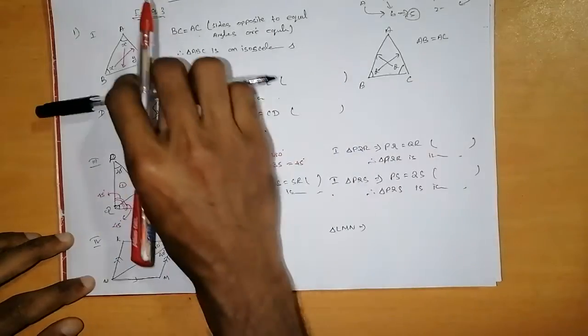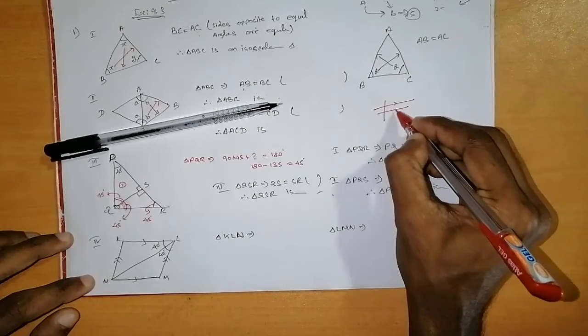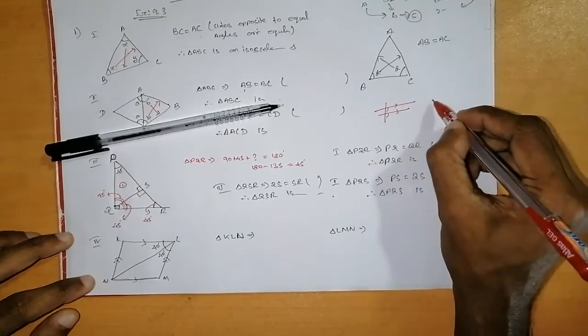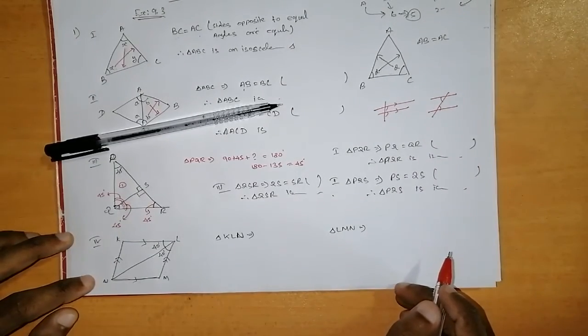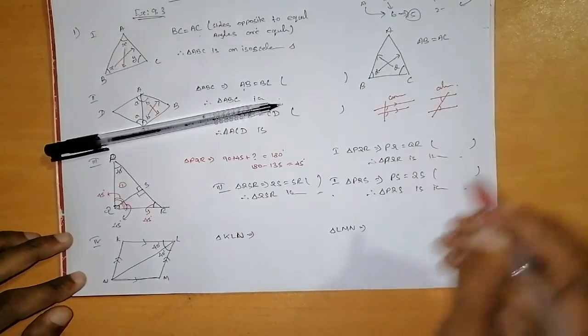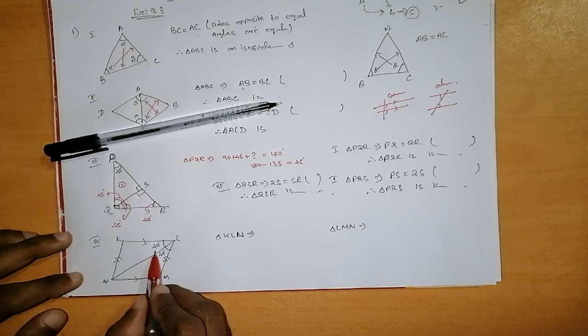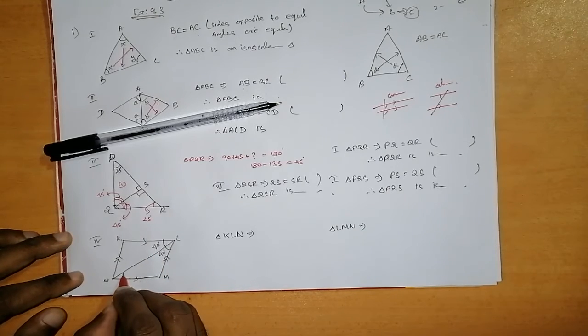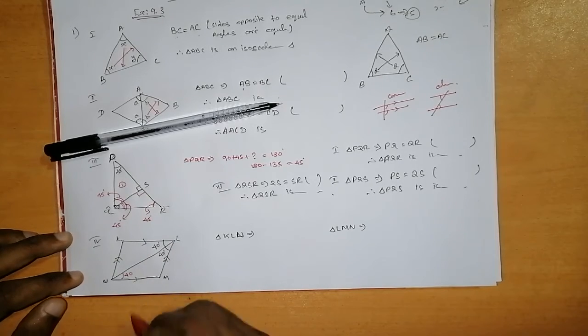You know how to find equal angles: if two parallel lines are given, you need to find the F shape or the Z shape. Those are equal angles. These are corresponding angles, these are alternate angles. The transversal intersecting the two lines KL and MN is LN. We have a 40 here, and we get a 40 here because they are in a Z shape. So those 40s are alternate angles.